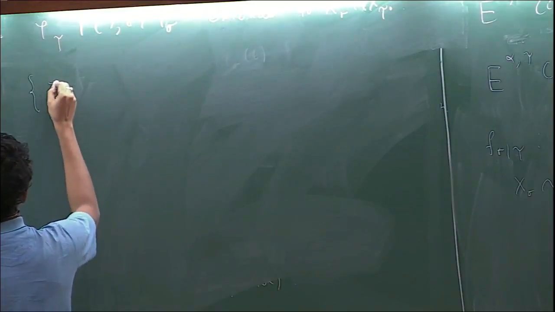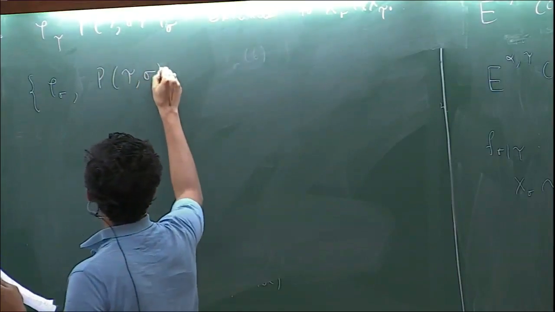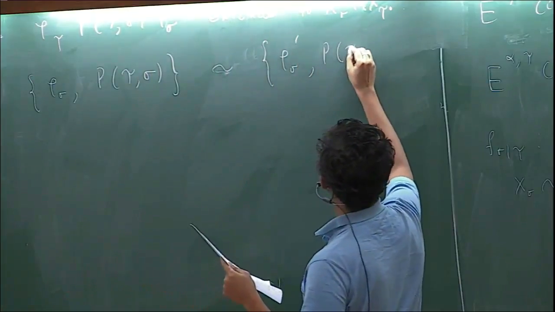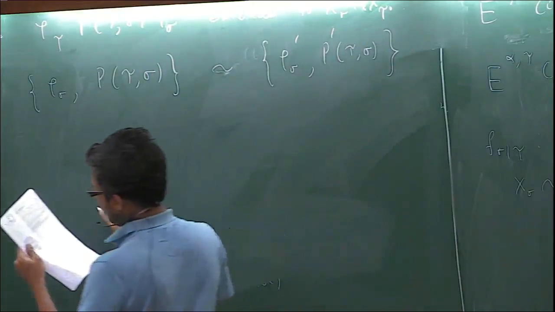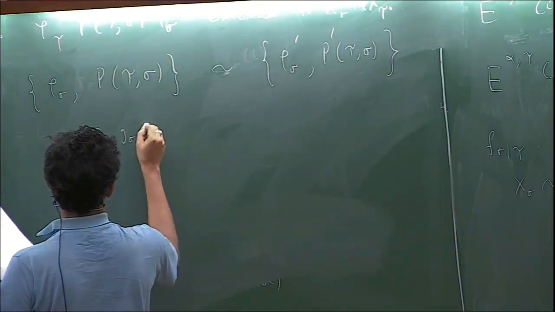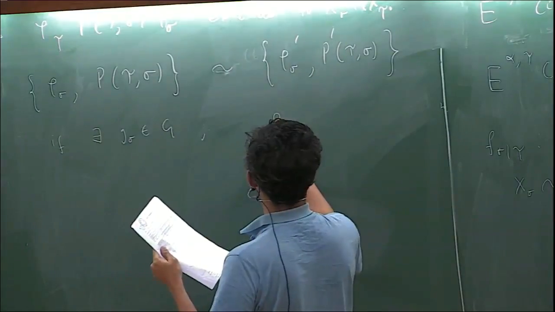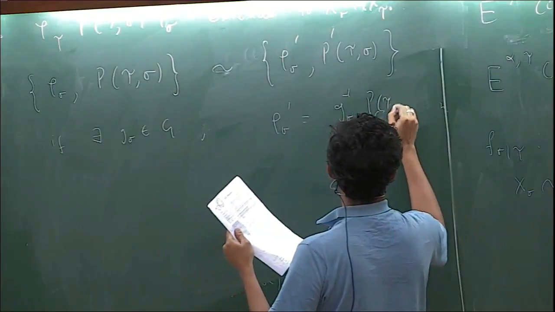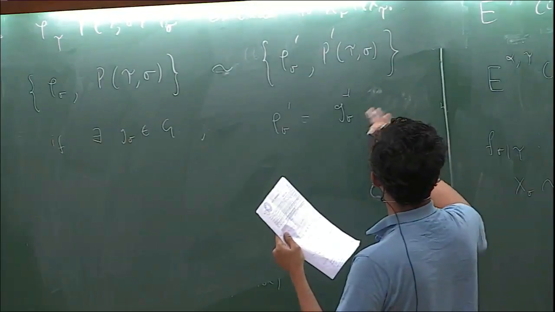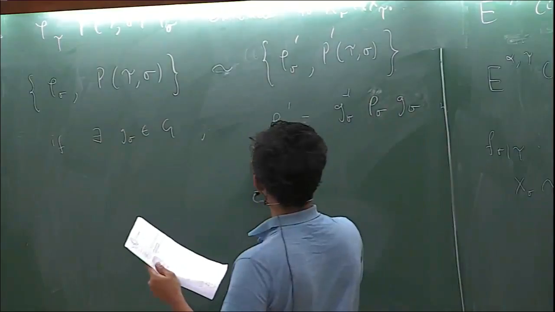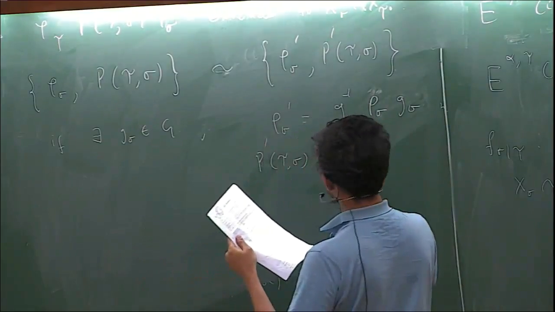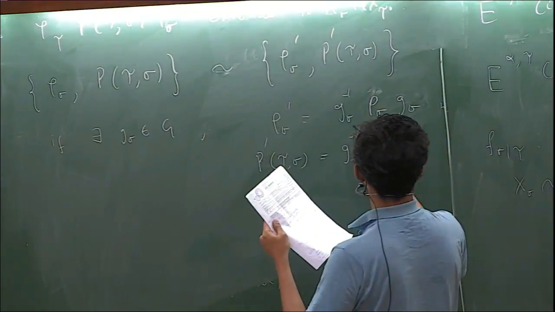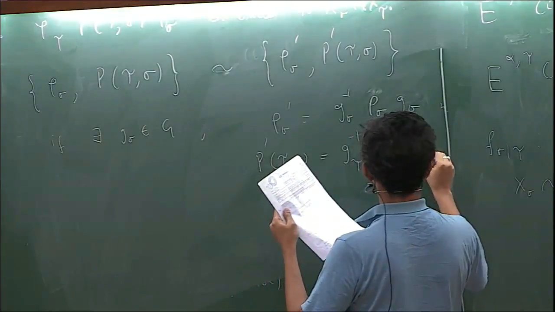If you have two such admissible collections, rho sigma and P tau sigma is equivalent to rho sigma prime and P tau sigma prime, if there exists g sigma for each sigma such that rho sigma prime is the conjugate, and P tau sigma prime is g tau inverse P tau sigma g sigma.